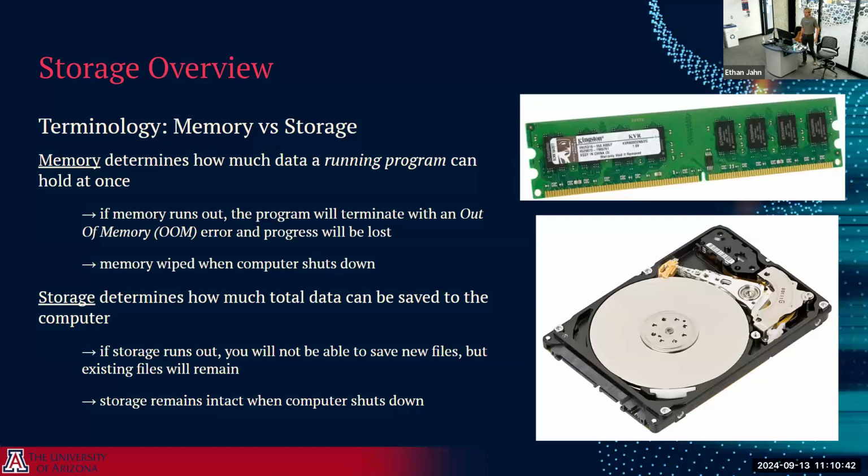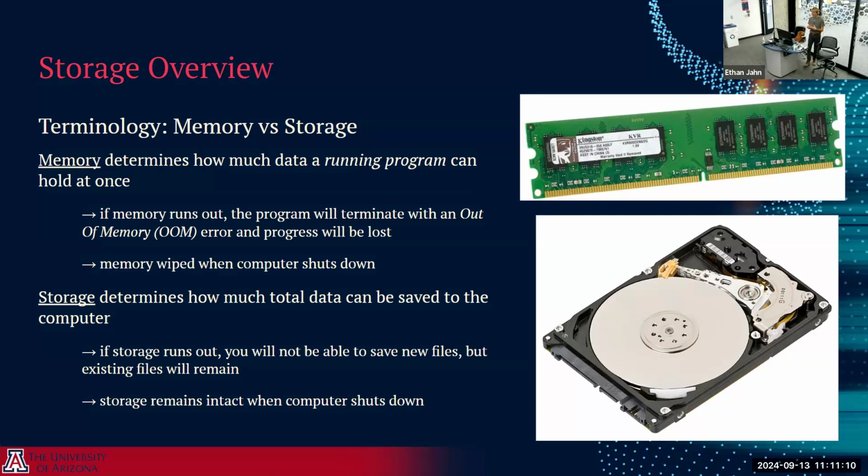So just to continue on this, we have memory, which determines how much data a running program can hold at once. If the memory runs out, then the program will terminate with an out of memory error. A lot of programs on your laptop do memory management on their own, so it's very rare that you'll get an out of memory error on your laptop if you're just doing things like opening a browser. And again, that memory is wiped when the computer shuts down.